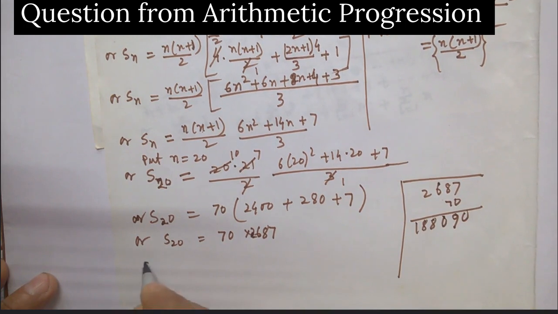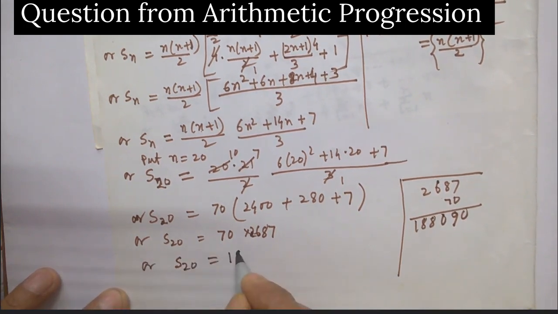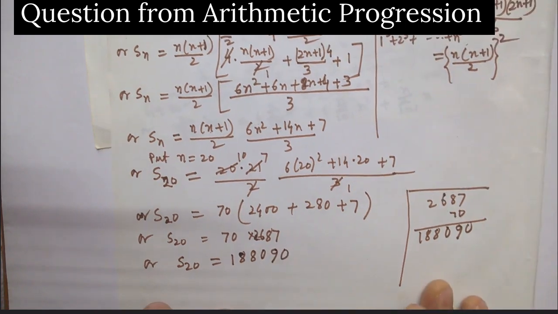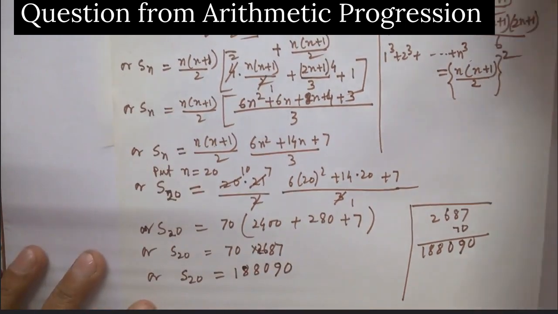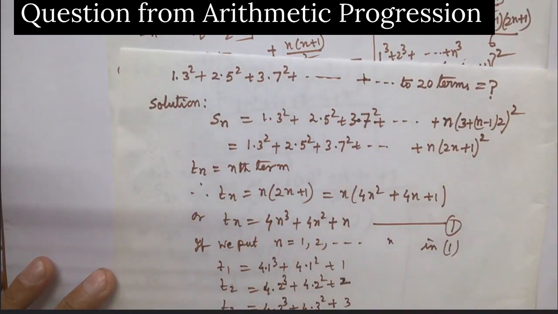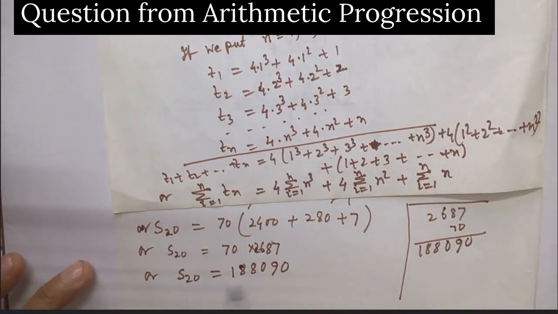So S20 is equal to 188090. Hence the sum of the 20 terms of this series is S20 equal to 188090.